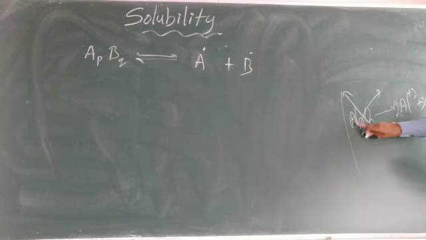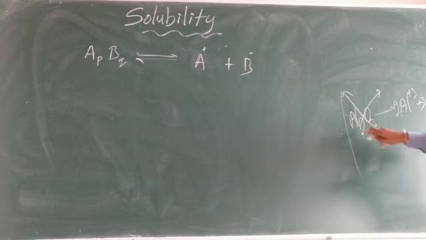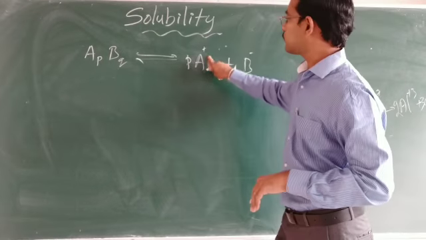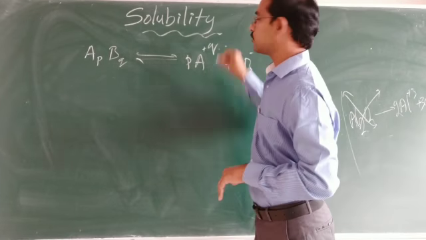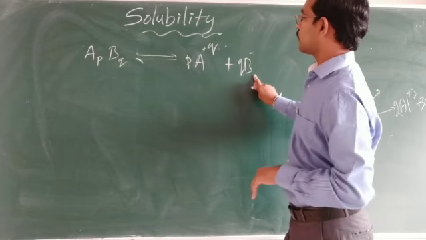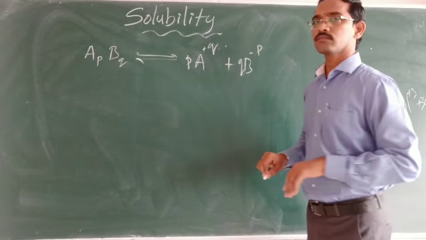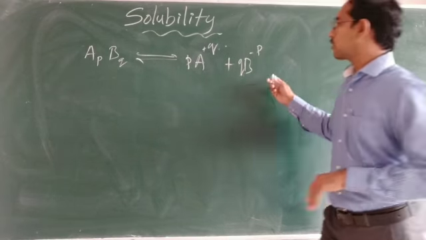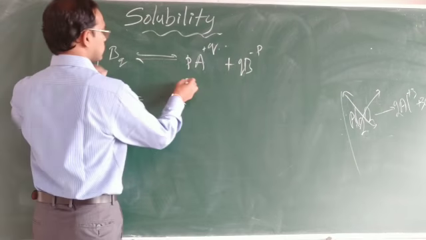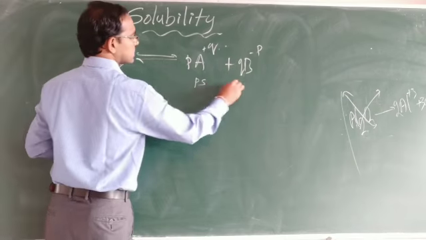Right? How many aluminiums are there? Aluminium के नीचे कितना है? वो वही होगा. Now here A P to the power of charge Q. Then here B Q to the power of minus P. This much clear? Next. Suppose if I apply the KSP, then what are the solubility क्या होगा? PS and QS.